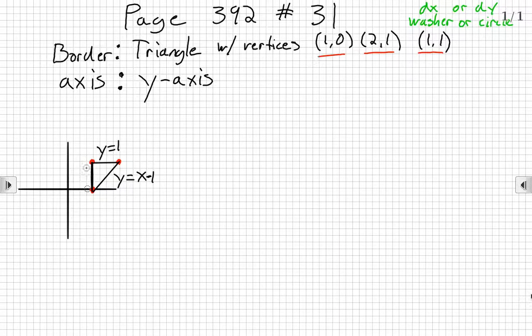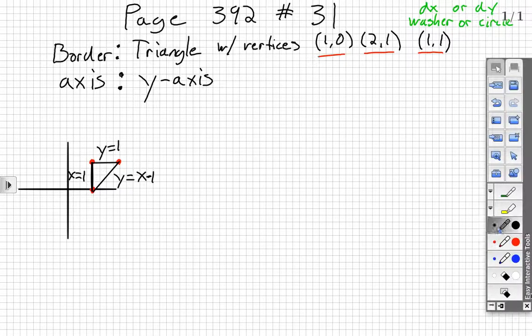And instead of this being the side of the triangle, we can think of it as the vertical line, x equals 1. So saying that this triangle forms the border is equivalent to saying these 3 functions form the border. So we've adapted for the triangular description.